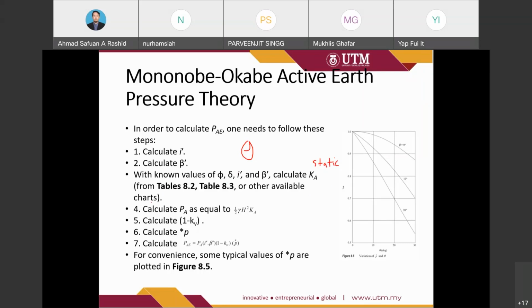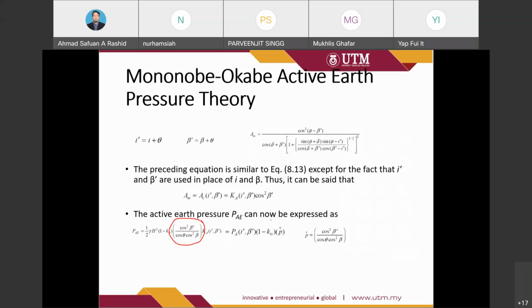Then calculate PA equal to half gamma H square KA. Then calculate 1 minus KV. Then the asterisk P can be obtained from this formula.